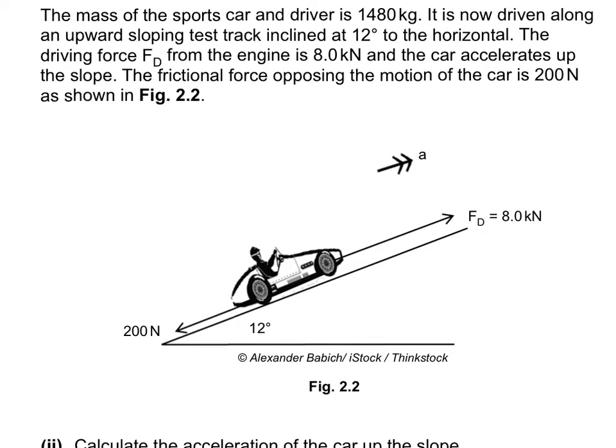So we just add to our diagram here that the mass of this object is 1480 kilograms. Because we're going up a slope, we also need to take account of the fact that this object will have a weight mg, and that a component of that weight will act along the slope.